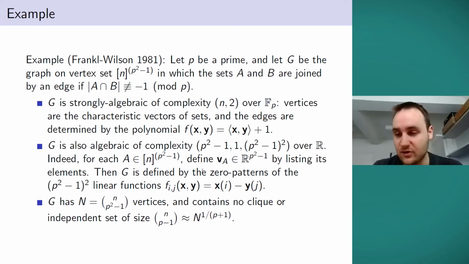And so the problem we want to understand is how good this algebraic construction can be as Ramsey graphs. So if we are given a Ramsey graph with certain complexity, then what can we say about the size of the largest clique and independent sets?